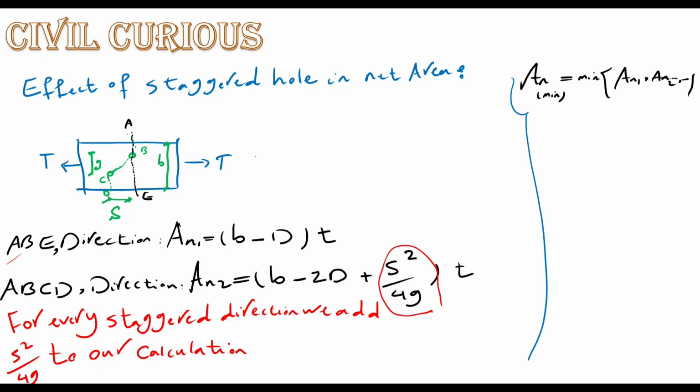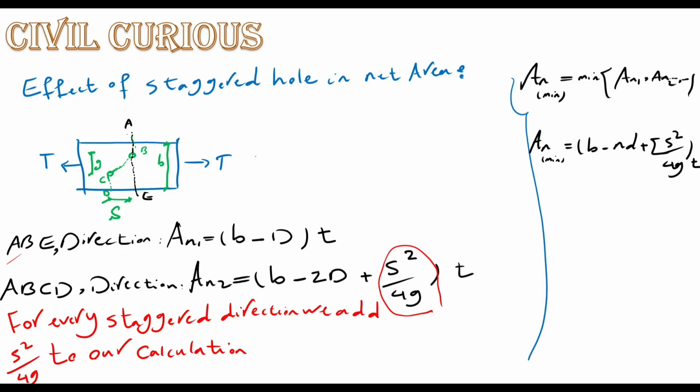And if we have a staggered direction, the value of An is equal to B minus nD. For example, you have four or five staggered directions. Here we choose An equal to B minus nD, where D is the value for diameter, plus the sum of S to the power of 2 divided by 4G, times t.